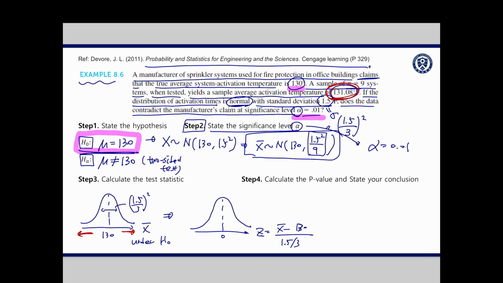So the test statistic on the Z distribution is equal to 2.16.